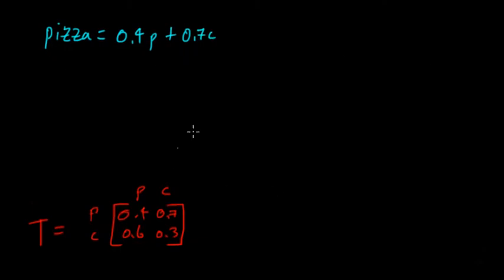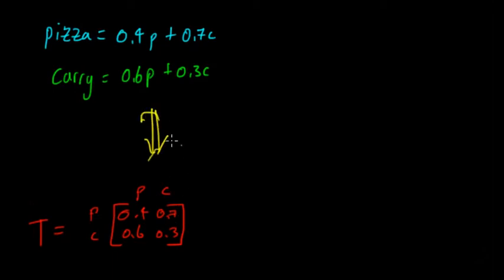And then for curry, curry is equal to 0.6p plus 0.3c. And we can see straight away these are very interlinked. The transition matrix is literally 0.4 and 0.7, which is the direct line from up here, and 0.6, 0.3 is here.